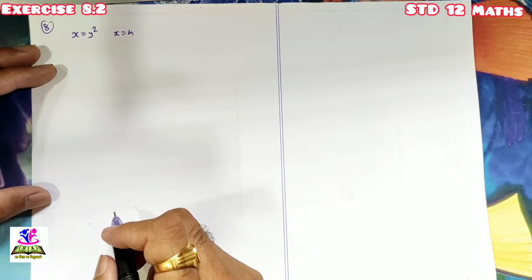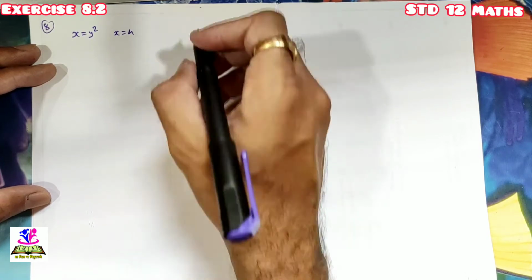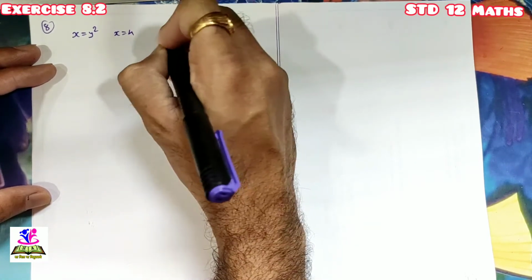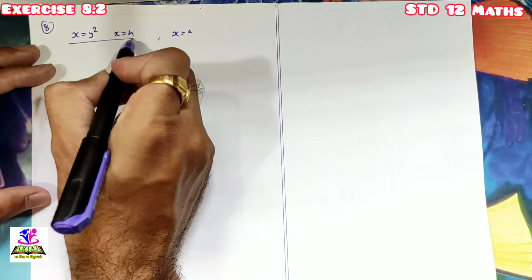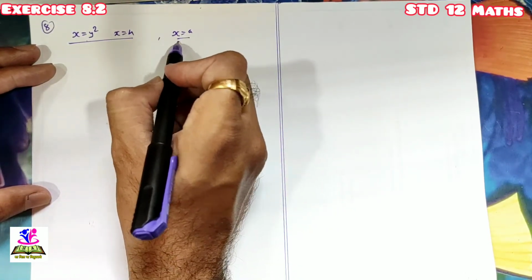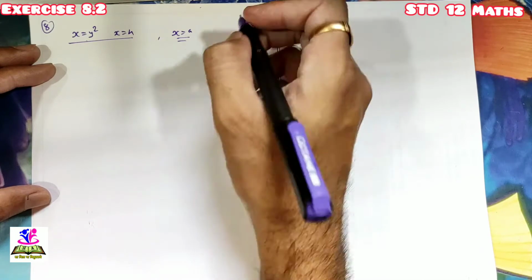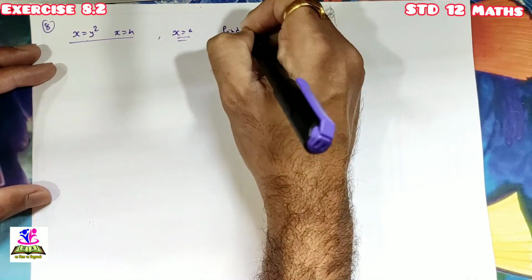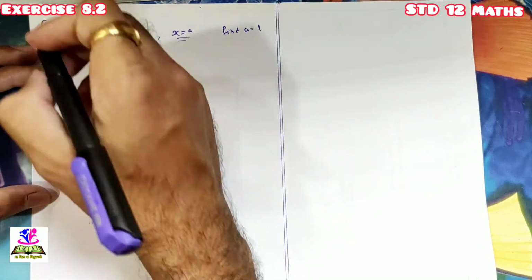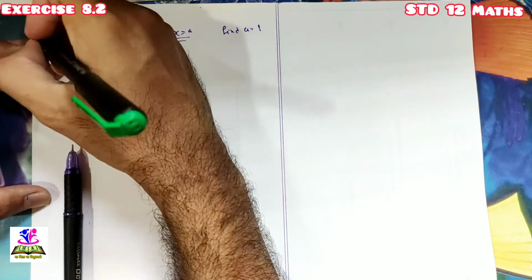Sorry, the area between x equal to y square and x equal to 4 is divided into equal parts by the line x equal to a. So the area enclosed by these two curves is equally divided by the line x equal to a. So you have to find the value of a. This is one of the important questions from this exercise.